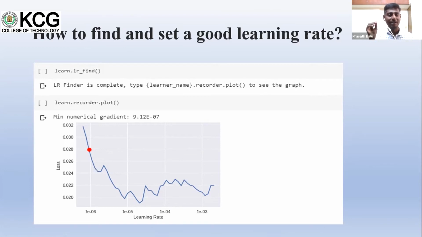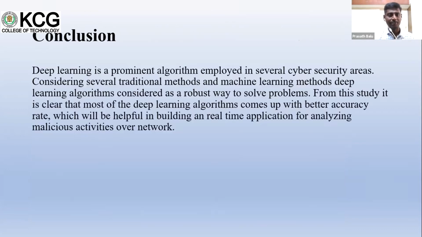So the point at which the loss is less, we will consider that particular spot, we will stop at that particular point, and we will get the model built. And we use that for the prediction. Then yeah, so that's the conclusion.